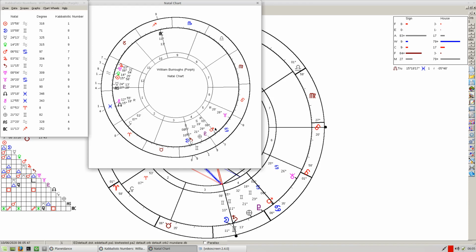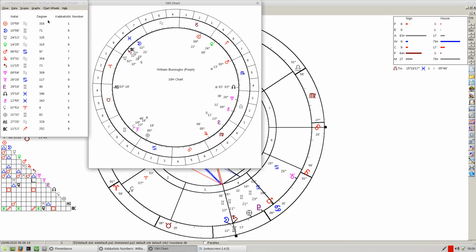Saturn, Pluto and Neptune are all retrograde or stationary, very slow moving planets in relation to the Sun and its close conjunction with Venus. Saturn is precisely on the IC opposite the MC, reinforcing that connection through the mutable 9th degree using Kabbalistic numbers.